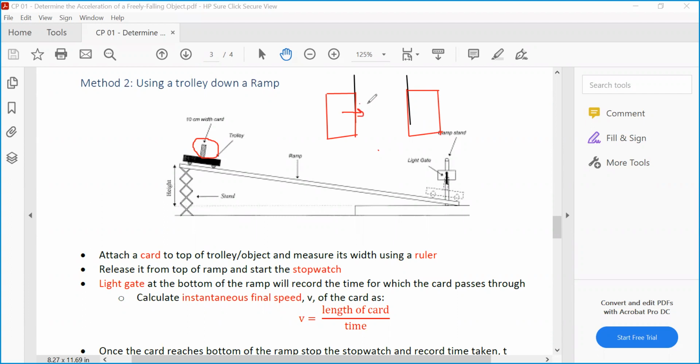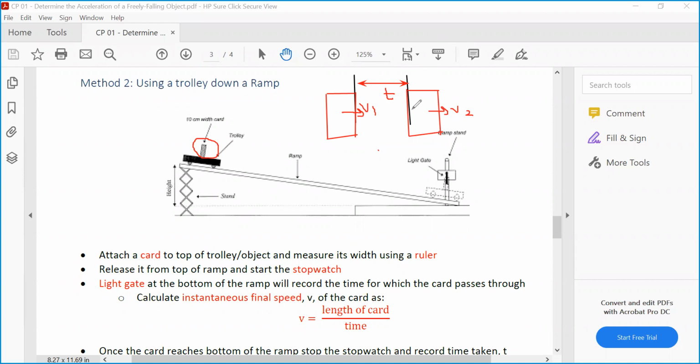There is a V1 velocity, and V2 velocity increases. The light gate measures the time the card is inside. Now, don't think that the light gate has any width. It's just a light beam.